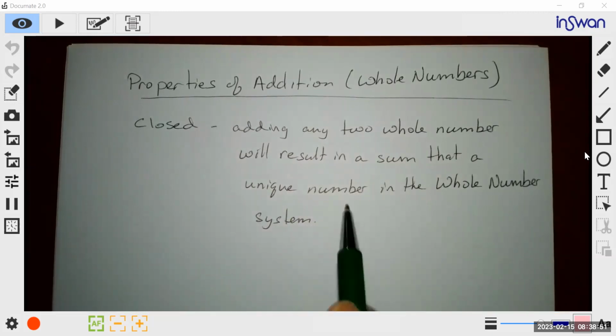I could have said result in a unique whole number. I could have said that, but I worded it out.